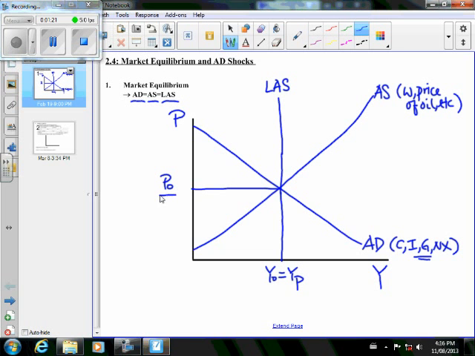We can think of this as the consumer price index or GDP deflator in the base year. Point A is my benchmark, and point A is my short-run equilibrium, and also my long-run equilibrium. This is our starting point.